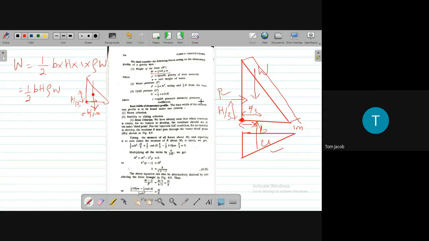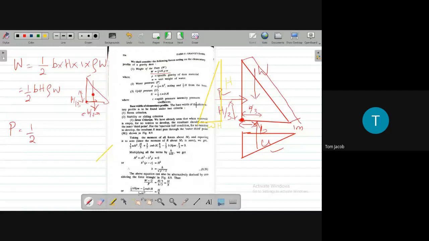Next is water pressure. Water pressure, capital P, is the area of the hydrostatic pressure diagram, which will be triangular, with height capital H and base WH, that is, the unit weight of water multiplied by capital H. That is how we take the forces on the hydrostatic pressure diagram.